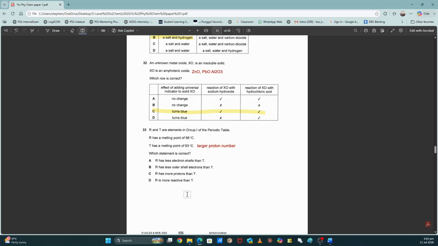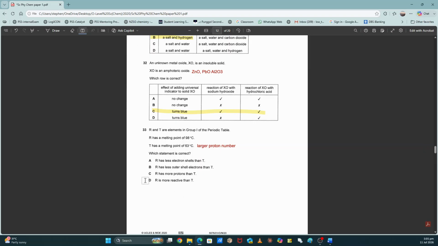So if it's a larger number, R has more? No, R has less? A could be correct. Is R more reactive? No. R is 98, so T should be more reactive. In group 1, the lower one is more reactive.